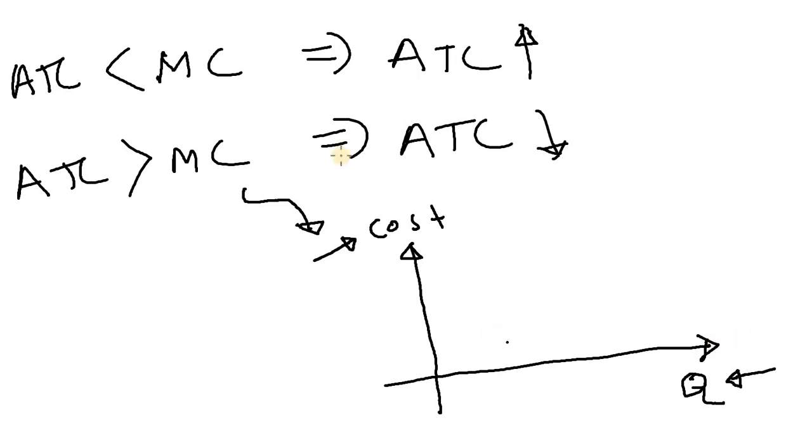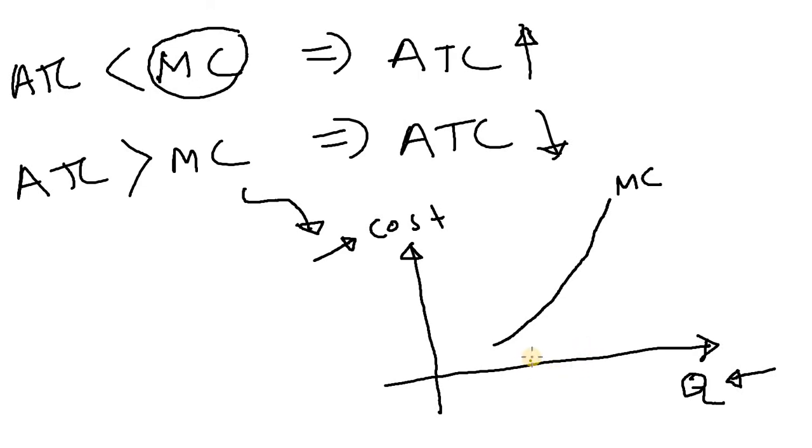So you saw in the last class that marginal cost increases as you produce more and more. So marginal cost is upward sloping. Remember, this is due to the law of diminishing marginal returns.